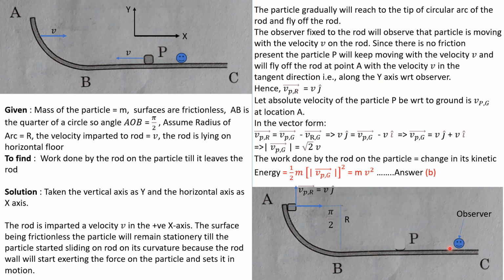Since the observer is seeing that the particle P at A will come off with a velocity V in the Y direction, we can write velocity of particle with respect to rod or observer equals V into J, where J is the unit vector in the Y direction.